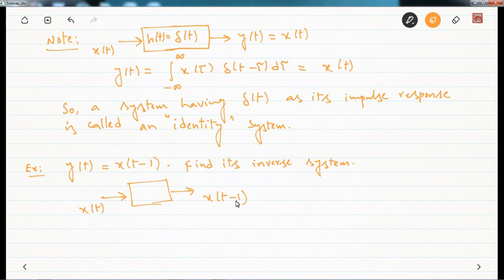Then we were asked to find its inverse system. So as I said, we have to first find h of t, that means the impulse response of the system.